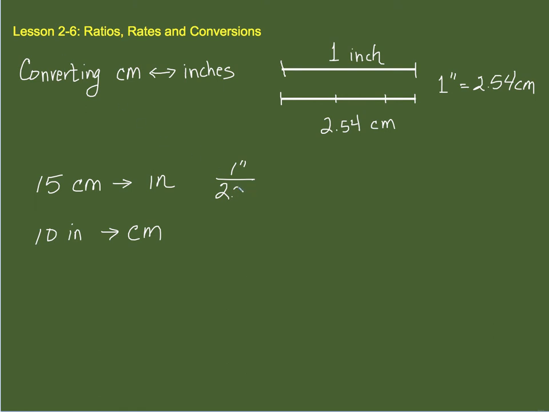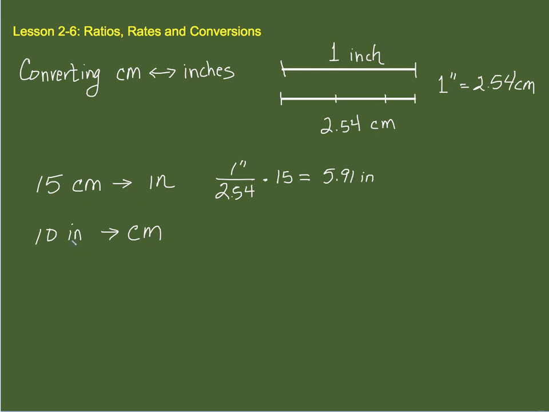So if we multiply 15 by 1 over 2.54, we can get the answer to this conversion, which is about 5.91 inches. So this says that there are 5.91 inches in 15 centimeters.